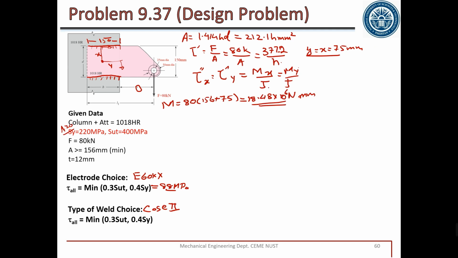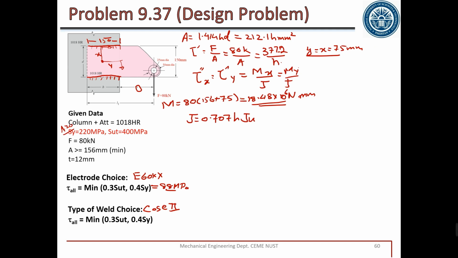We have M, we have all the values. We need J as well. J is equal to 0.707 h Ju. Just check the value of Ju from table 9-1.